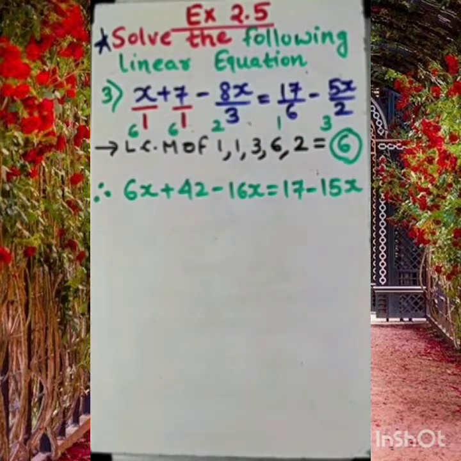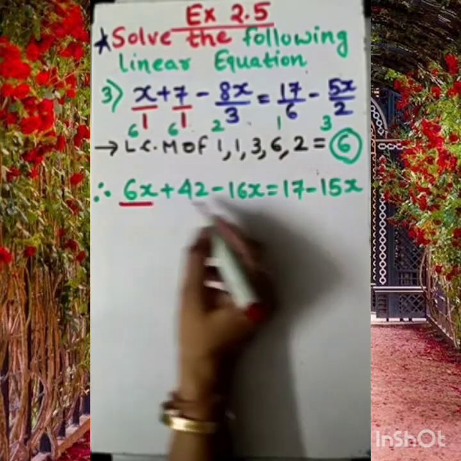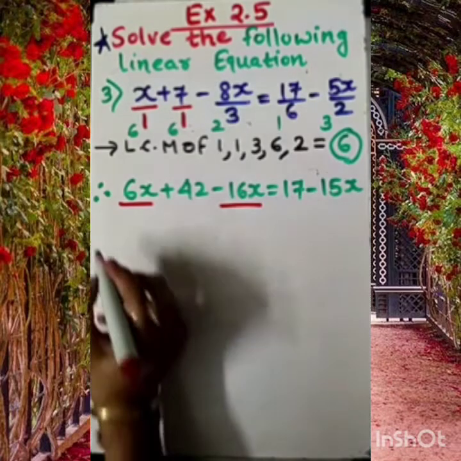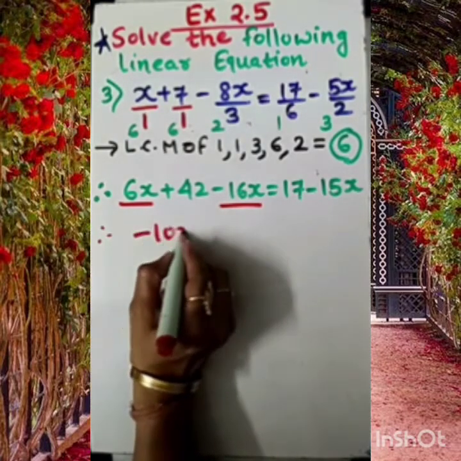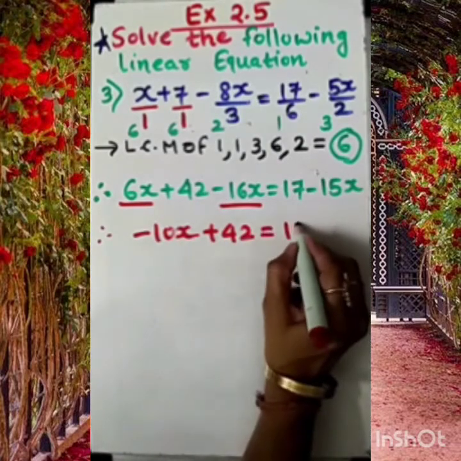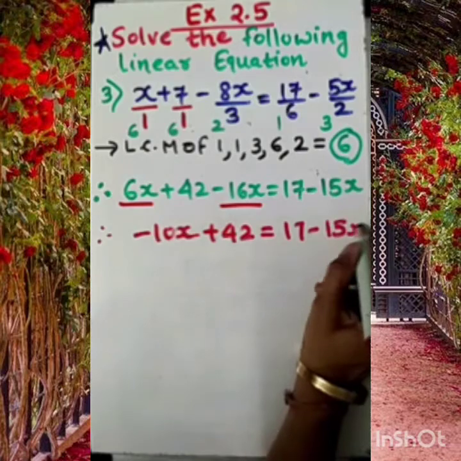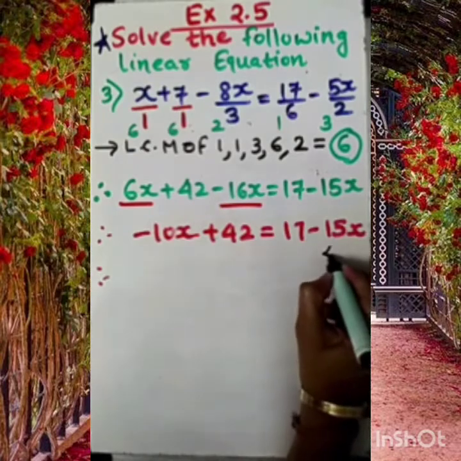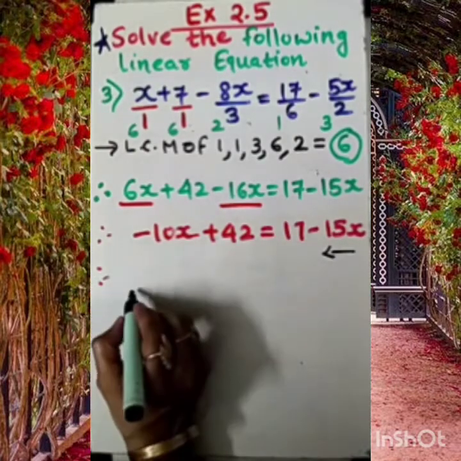Clear? Now, which are the like terms here? Work out upon that. 6x minus 16x. Okay, so it will become minus 10x. Minus 10x plus 42 equal to 17 minus 15x. Okay, so dear student, what I am going to do, I am transposing this minus 15x to the left side.